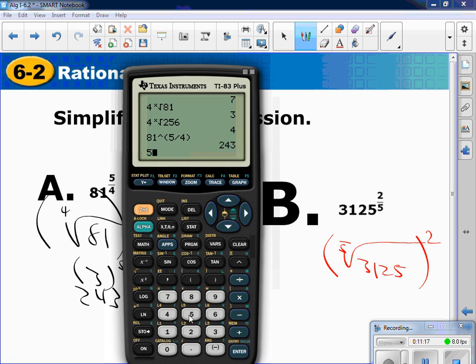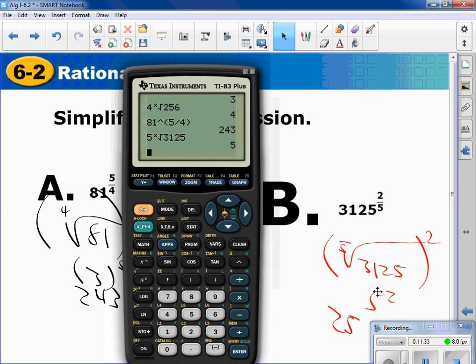So the fifth root of 3125 is 5. I don't need a calculator from here. What's 5 squared? 25. It's understanding the concept of what it means by those fractional roots.